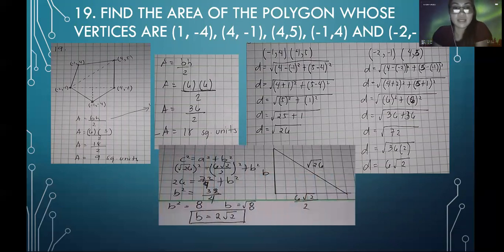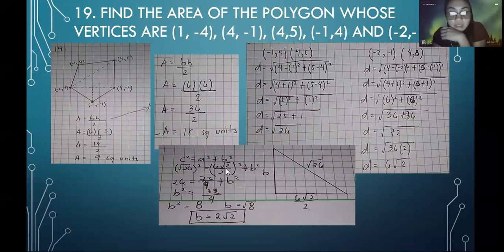So to find the area of the polygon, we are going to use again the Pythagorean theorem. Substitute the value of its respective variables, the a, b, and c. So the value of c is square root of 26, same as the value of a.